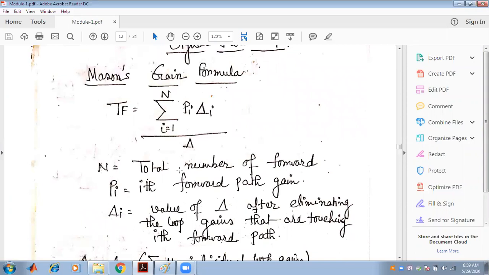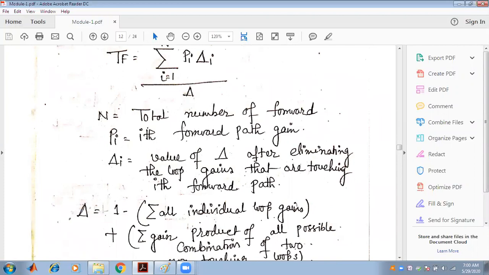According to the Mason's gain formula, the transfer function can be written as summation over Pi del i, from i equal to 1 to n, divided by del. Here n is the total number of forward paths and Pi is the ith forward path gain. Del i is the value of del after eliminating the loop gains that are touching the ith forward path.